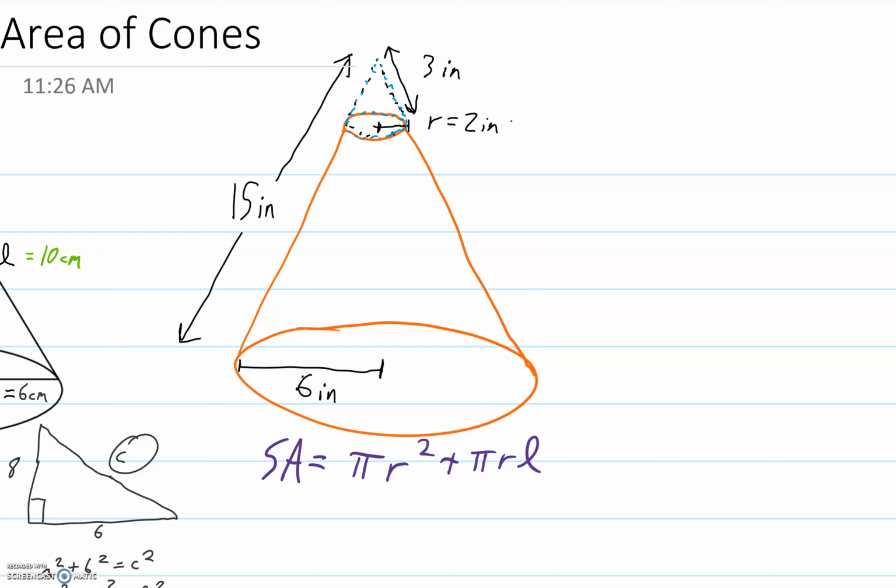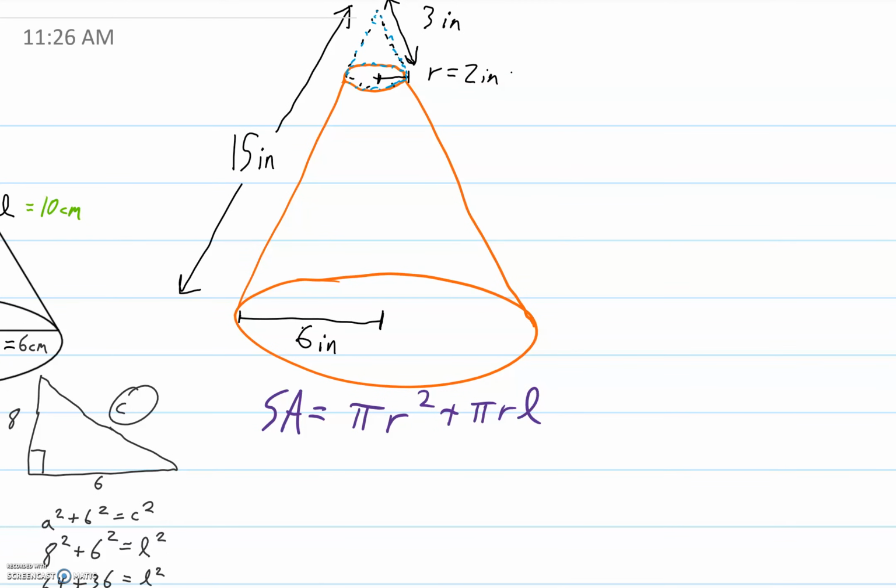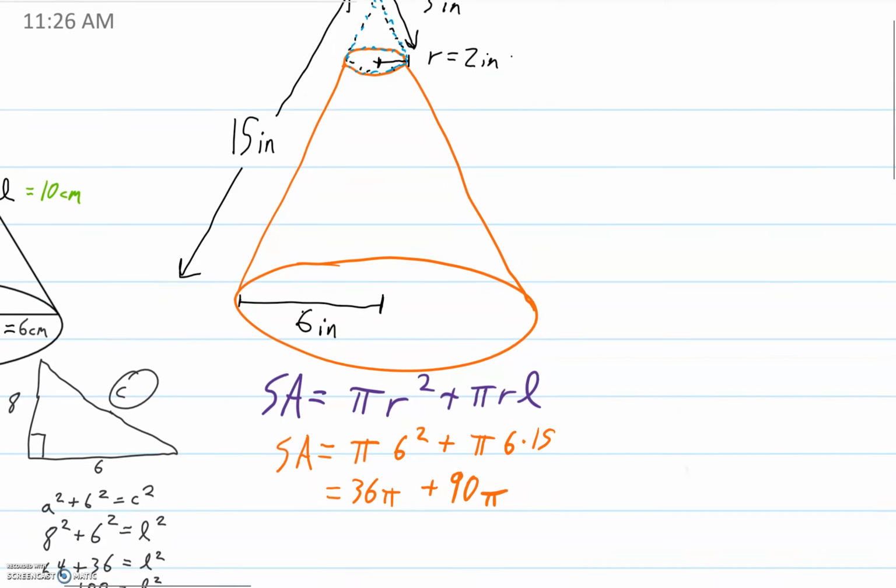So let's get the entire orange cone first. So pi, what's r? It's 6, squared, plus pi times r, 6, times L, which is 15. Again, 6 times 6 is 36 pi. 6 times 15, off the top of my head, I'm not fast enough, but it's 90 pi.